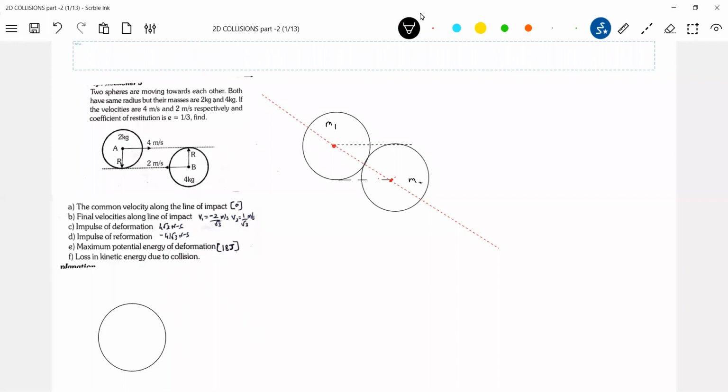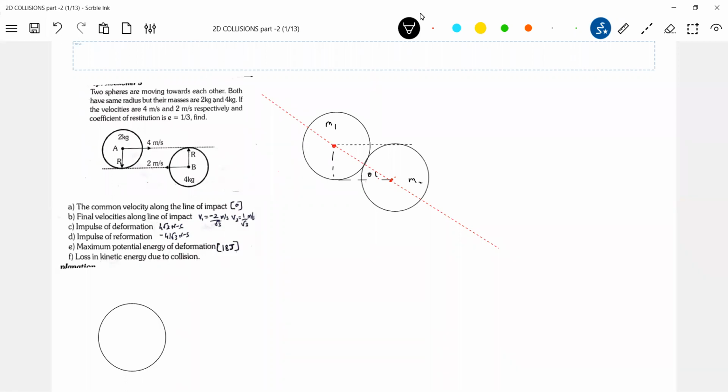What is the basic method? We should resolve the initial velocities of the colliding balls along the line of impact, just before impact and just after impact. So now this should be theta, and the radius is r, so this distance is r.